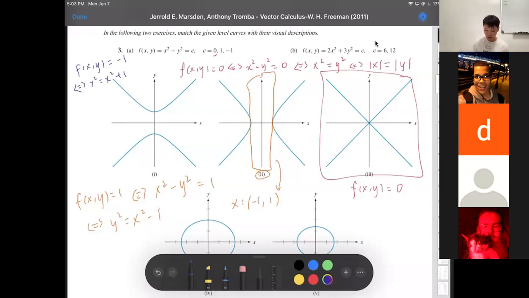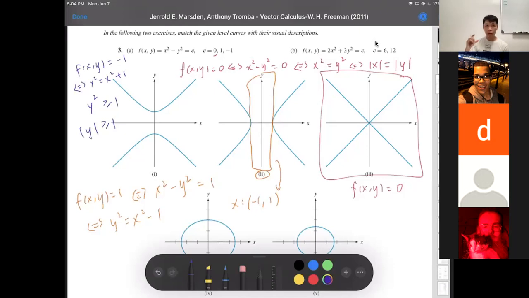A similar idea applies: y squared is greater than or equal to 1, so the absolute value of y also has to be greater than or equal to 1.